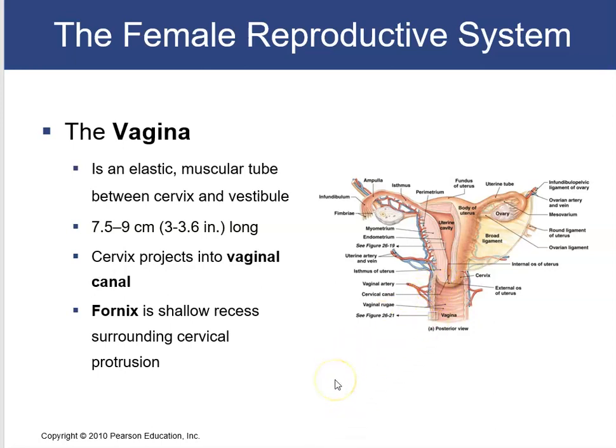The fornix is the shallow recess that surrounds the cervical protrusion. This fornix actually allows the gynecologist to palpate the female reproductive structures and various organs and to make sure that everything is positioned, etc., for a woman to be able to deliver naturally.